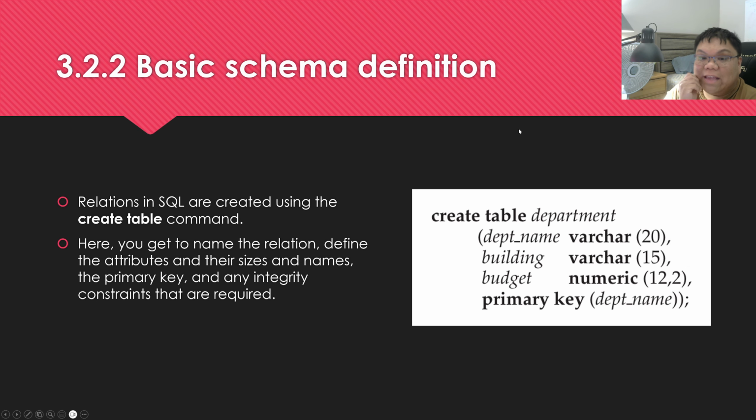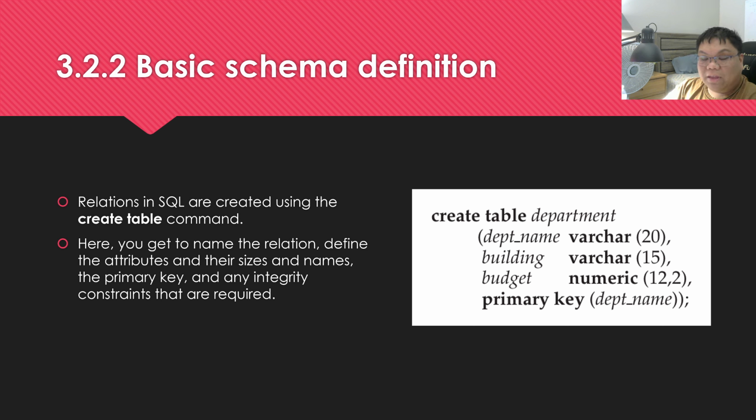So once we have those ER diagrams, we can turn them into a set of relation schemas, and that is enough information for us to create a table in a database. So for example, create table department. Department is a table of departments in our ongoing university example that we're going to keep seeing throughout the book.